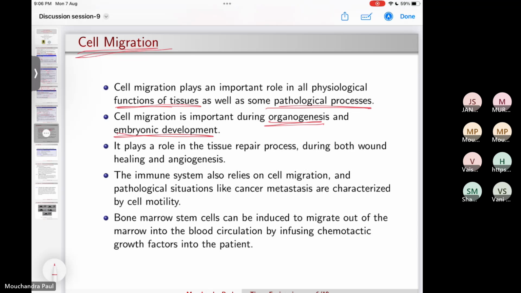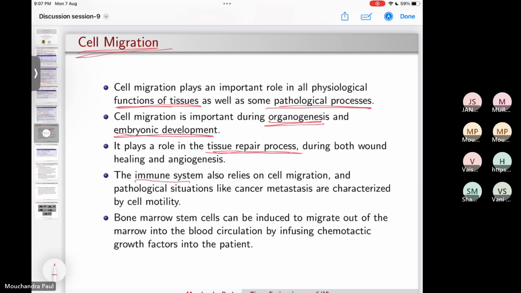Those were all possible because the cell was able to migrate. Cell migration is also important for the tissue repair process. Here, a large number of cell populations migrate, like inflammatory cells, tissue cells, and then blood vessel cells. All these cells have to migrate and then heal the area. So there also cell migration is important.